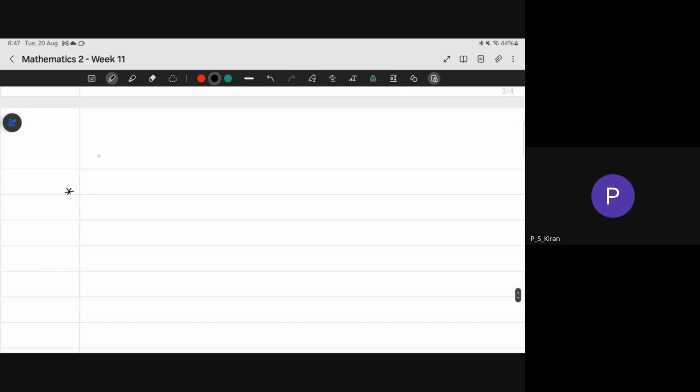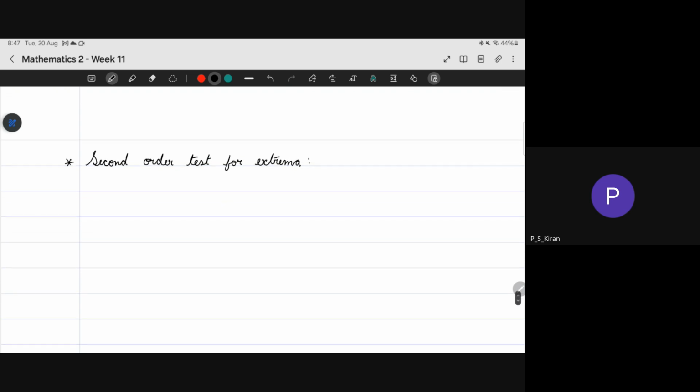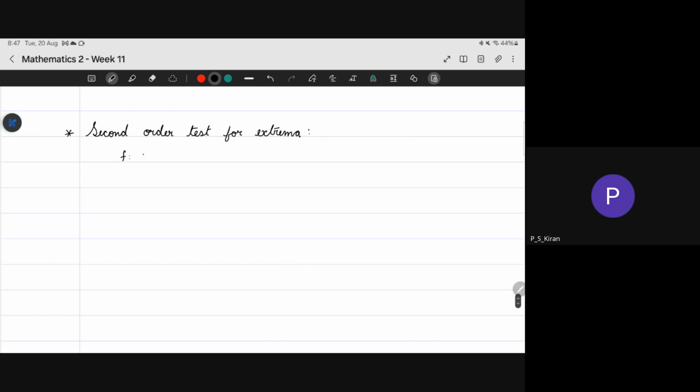Now let's go to the second order test. As a recap, can someone tell me what the local extrema test using second order derivatives is for a one variable function?